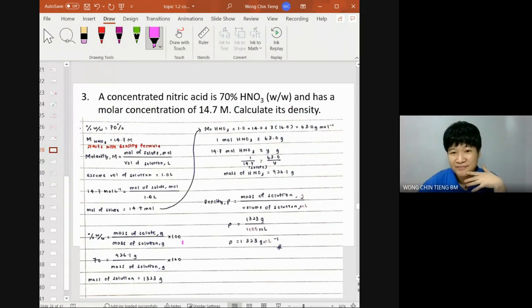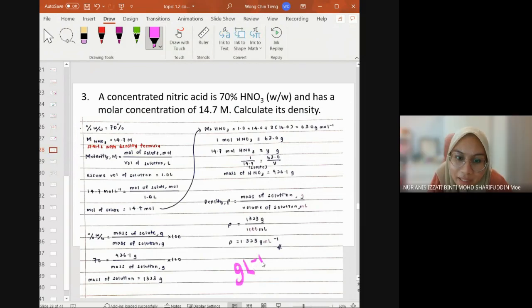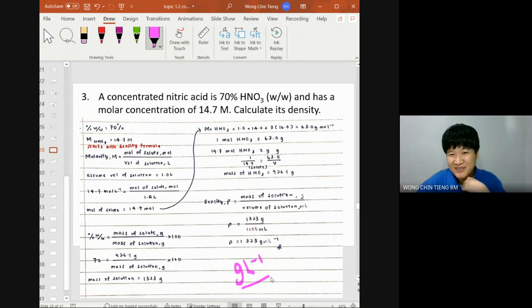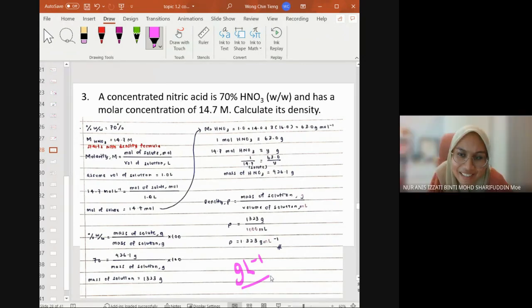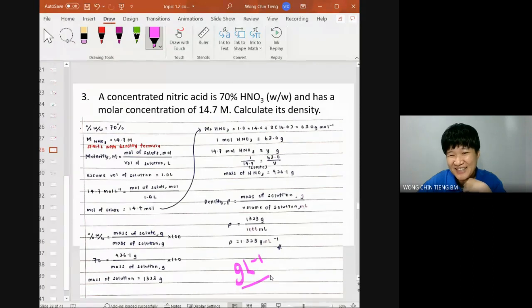Tapi kat jawapan akhir nanti unit kamu letak apa? Gram per liter. Jawapan akhir pakai liter, tapi waktu tulis formula tu tertulis mililiter. Sepatutnya tak boleh tertulis macam tu lah kan. Kalau hang dah tulis mililiter, hang patut isi banyak mililiter lah suka hati hang. Sepatutnya tak lah sayang. Okay, sepatutnya tak.